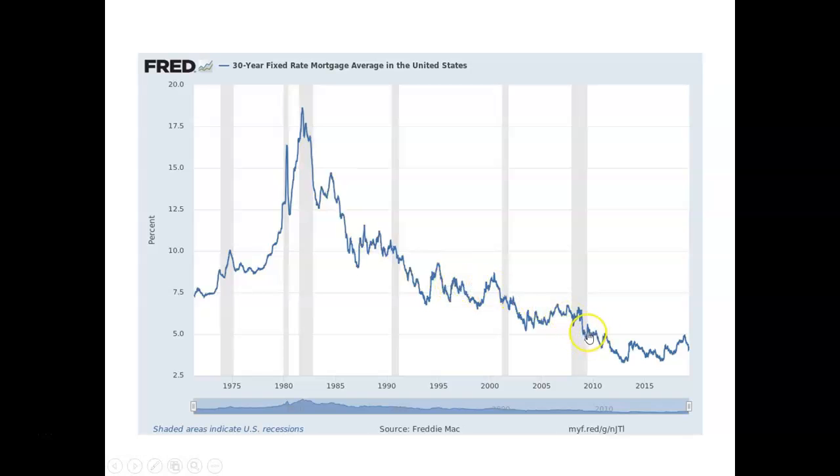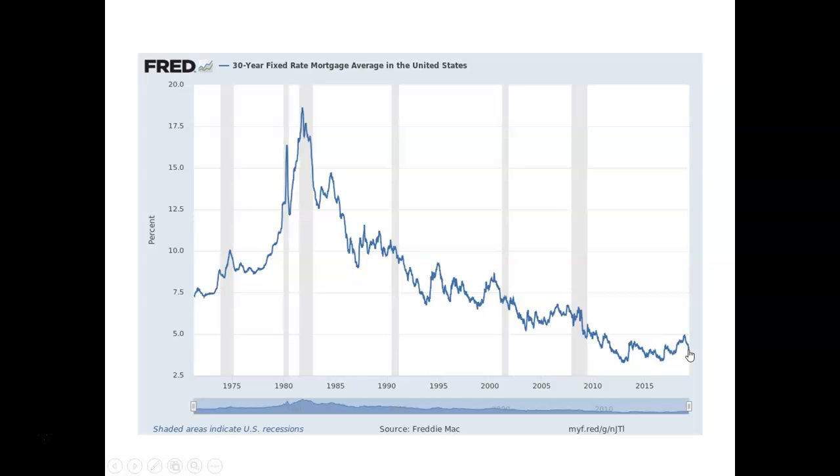And then after the financial crisis here in 2008, 2009, with all the stimulus, that drove rates down, and the 30-year mortgage has been under 5% pretty consistently for roughly the last decade. And again, currently we're around 4.4% as of April 30th, 2019.